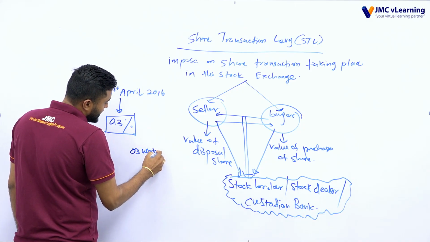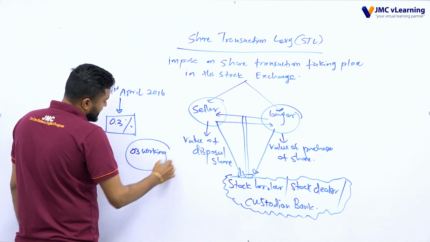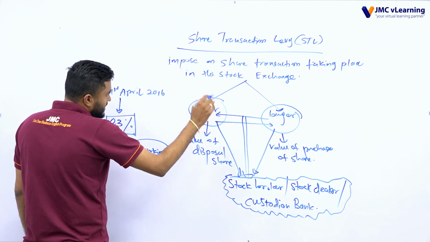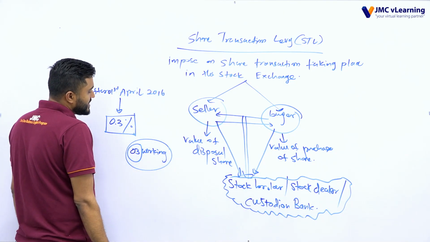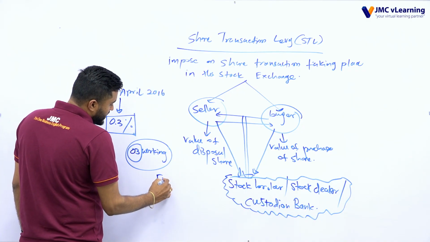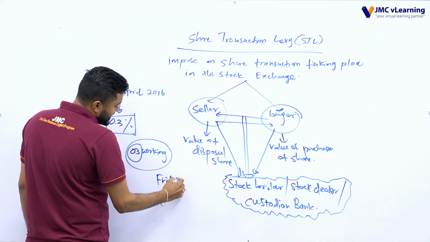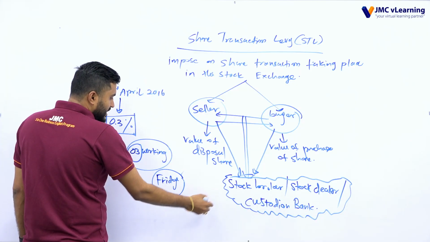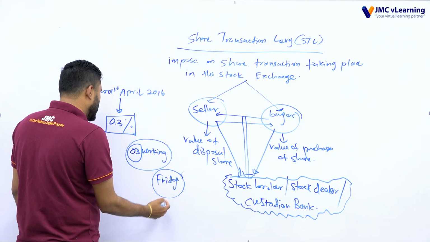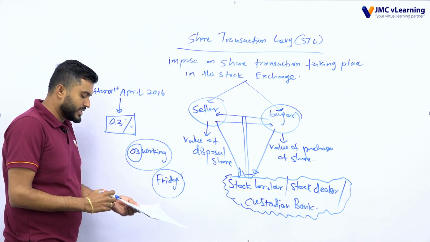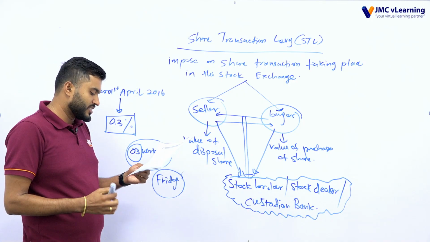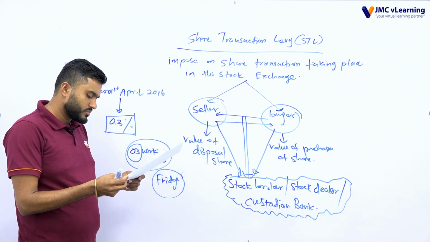Let's say the share transaction takes place on a Friday, so it should be settled on or before the next week Wednesday, because Saturday and Sunday are not working days.